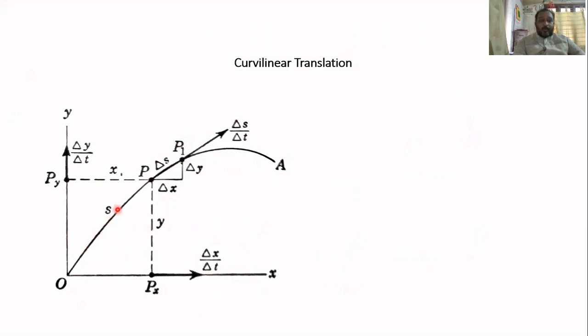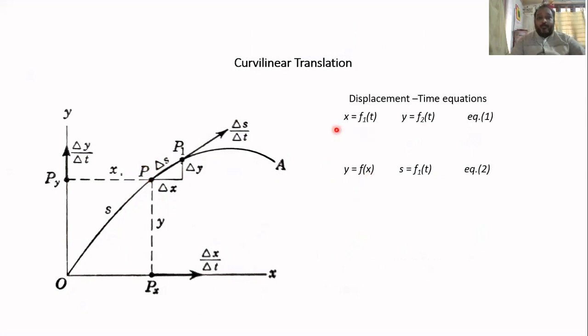As the particle moves with time, it is represented by the coordinates of point P as x and y, where x is a function of time and y is another function of time t. We can also represent this path as y is a function of x, because when x changes, y also changes.